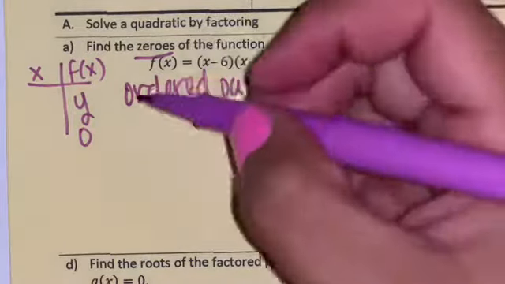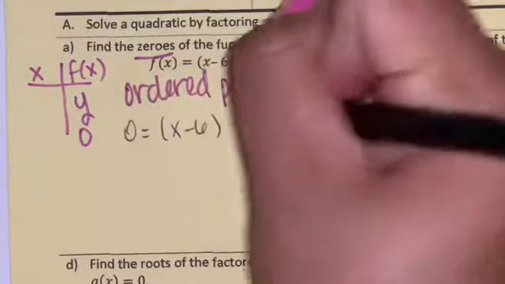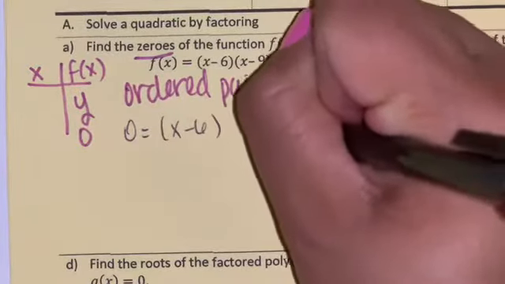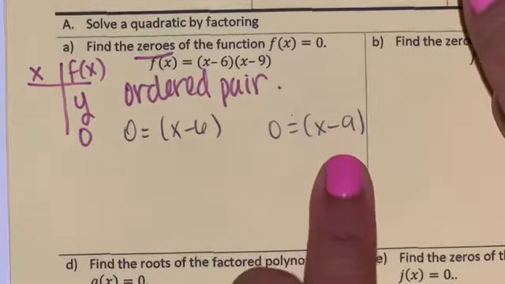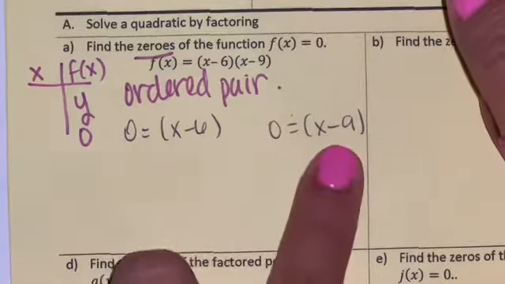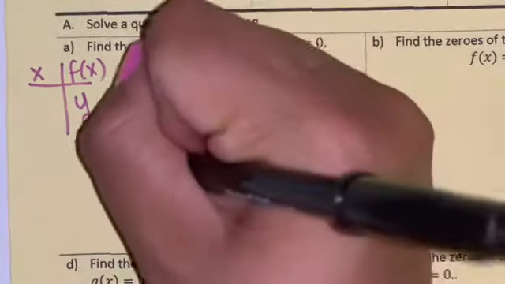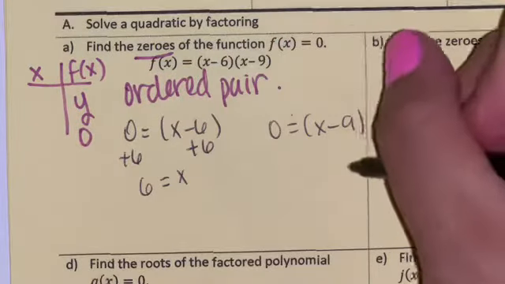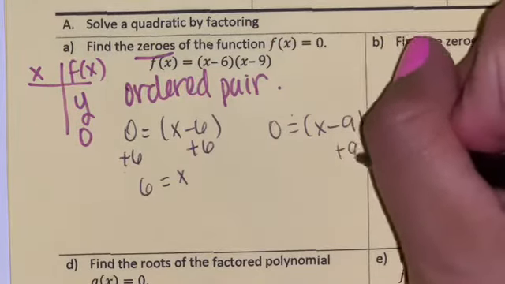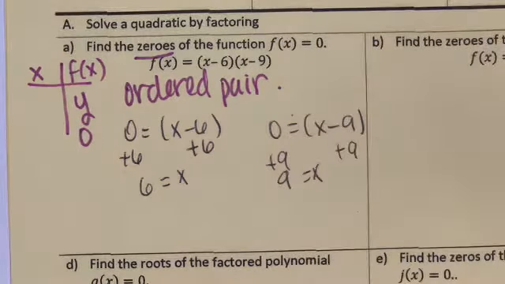So let's go ahead and set this up. 0 equals x minus 6. 0 equals x minus 9. It doesn't matter if it's inside the parentheses or without the parentheses. So plus 6, x equals 6. Plus 9, x equals 9.